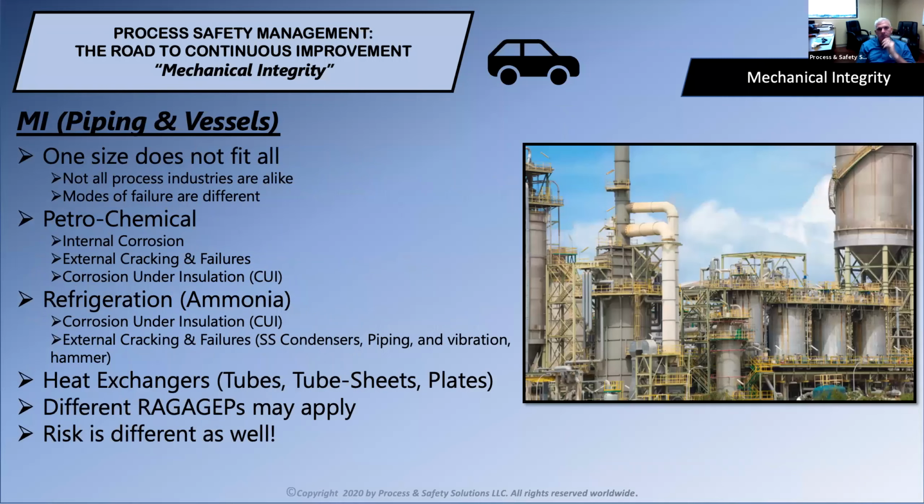So when it comes to MI for piping and vessels, one size does not fit all. Not all process industries obviously are alike, and modes of failure are different. For example, if we look at the petrochemical industry, internal corrosion is very common.